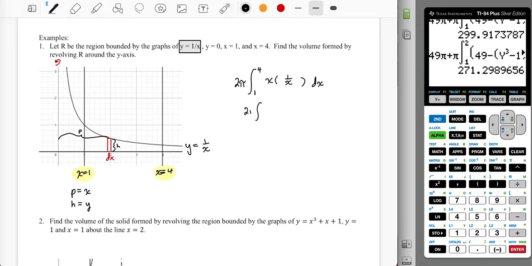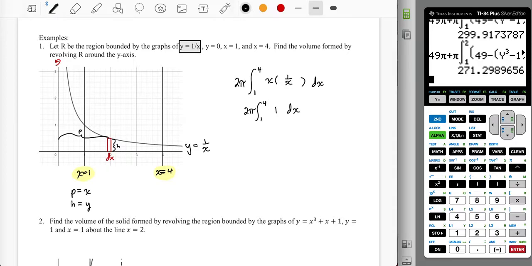I can make that substitution. And so 2 pi multiplied by the integral over the interval of 1 to 4 of 1 dx. I kind of have no ability to resist the urge to compute that integral by hand. So I can and I will. We've done this a bunch of times, that the shortcut when you have a constant integrand is to multiply by the difference between the bounds.